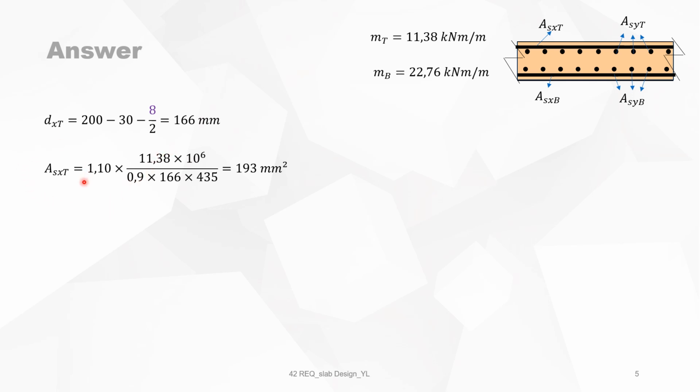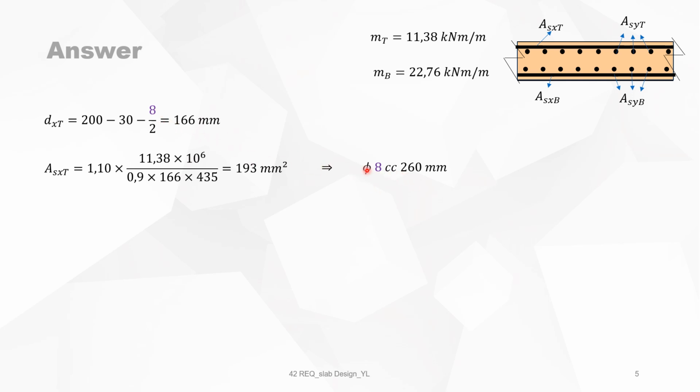The needed reinforcement is the bending moment on the top divided by the lever arm, 0.9 times 166 times the yield strength of the reinforcement. And this amount we multiply by 1.1 because we are using the upper bound method. That's why we have to use 1.1. And the needed reinforcement is 193 square millimeters per meter, or you can convert it to diameter 8, center to center 260.